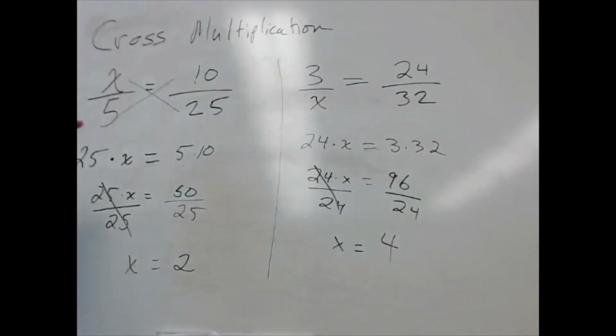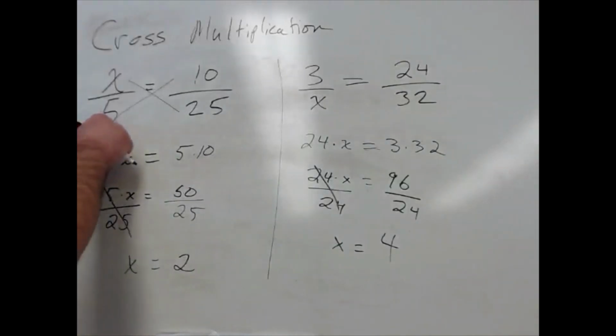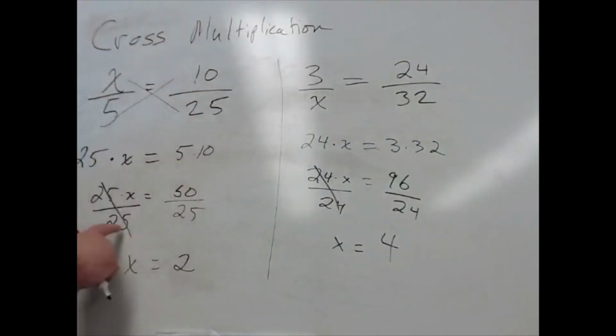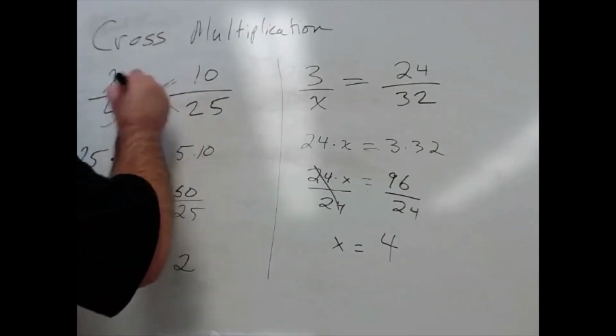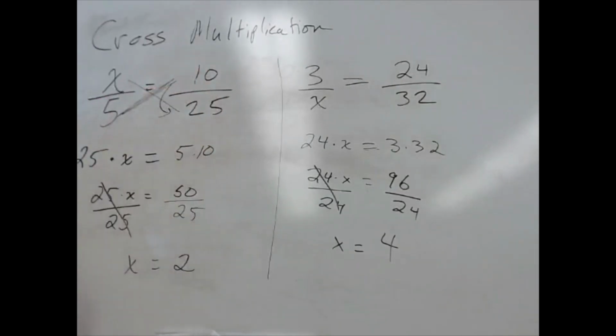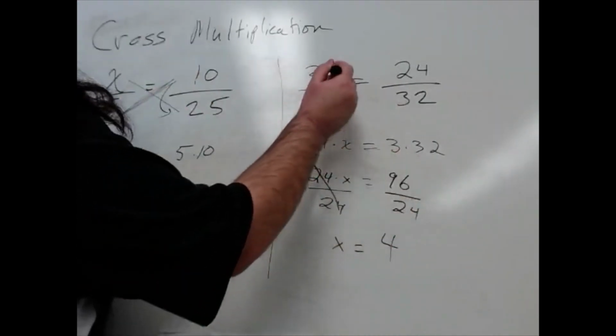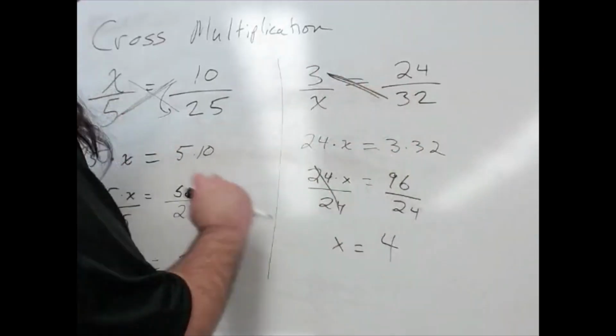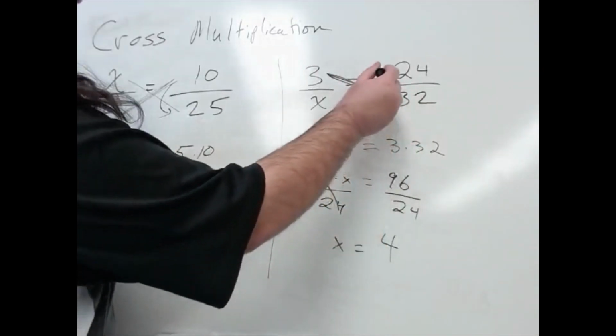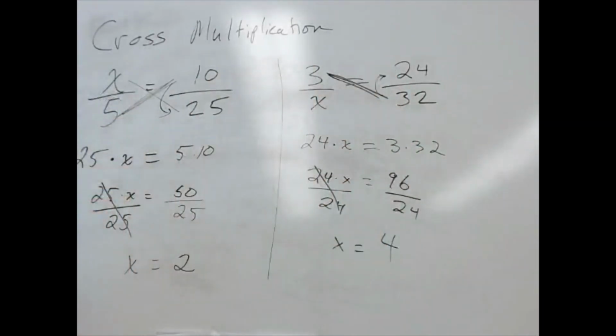So, in this one, we multiplied 5 by 10, and then divided by 25. In this one we multiplied 3 by 32 and then divided by 24. So what you might notice is that there is a little bit of a pattern here.